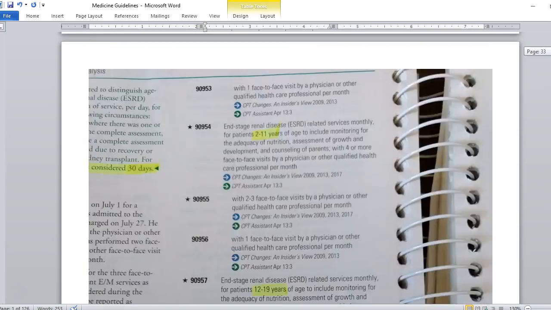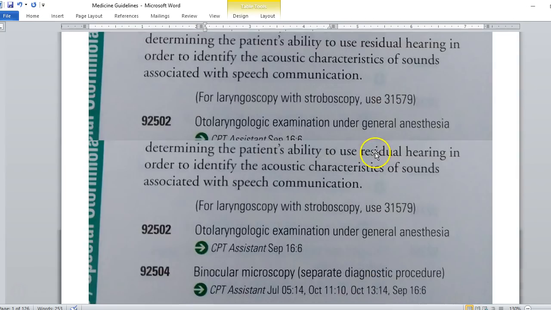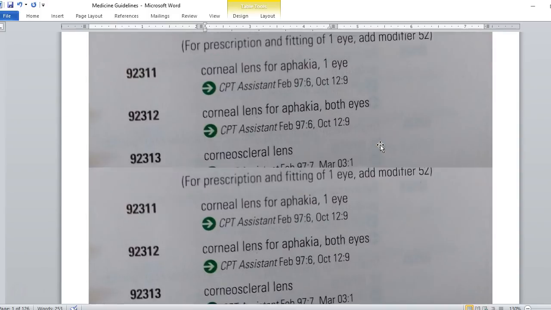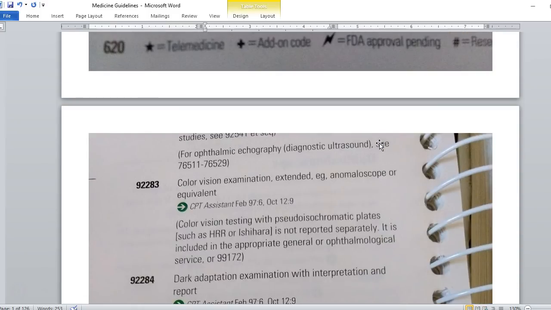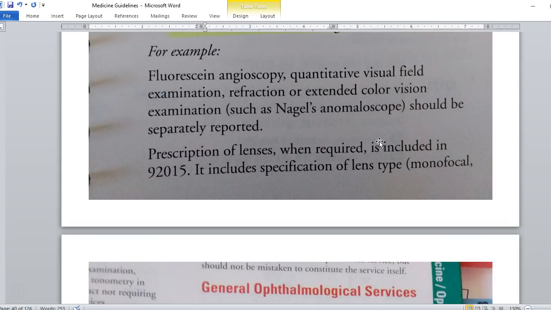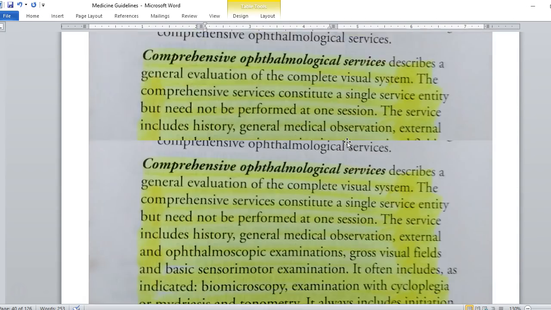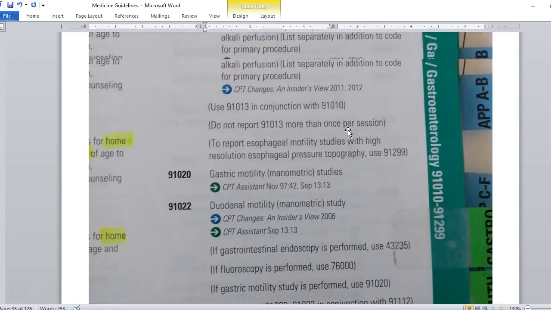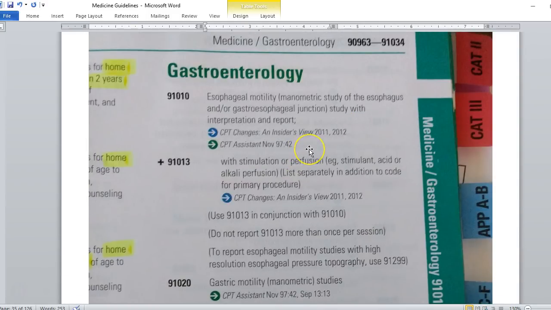So as we look at these, I went too far. Okay, there we go. So we get to gastroenterology. Again, most of these are different types of studies. So what exactly are we doing?